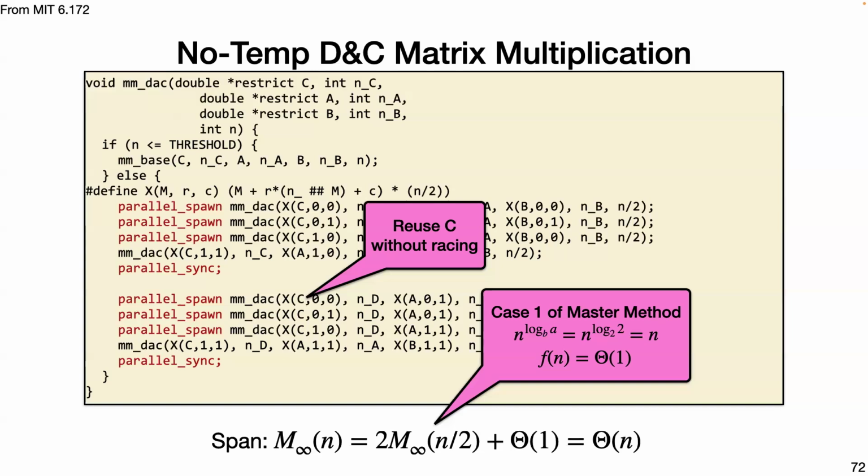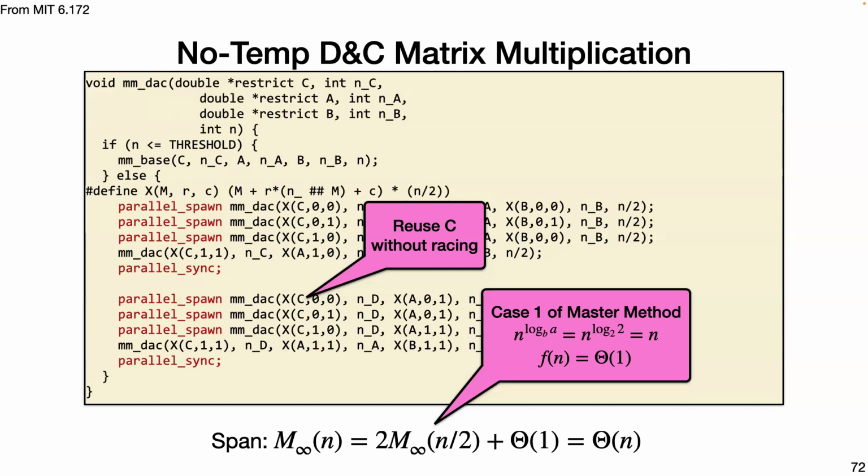So this is like m sub infinity plus m sub infinity, because we did 1, and then we had to wait, and then we did another one. So that's why there's a 2 out here. But we did save something here: this used to be log squared, because of the matrix addition, but now this is just 1.